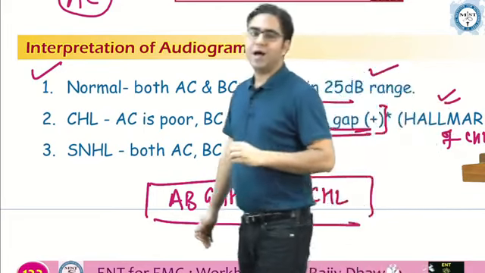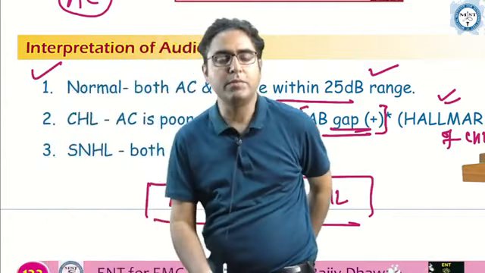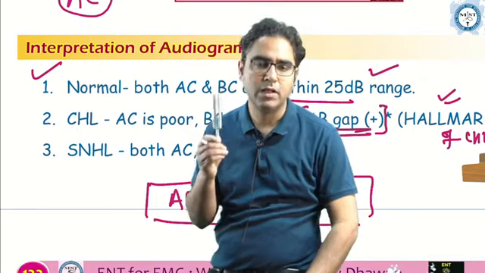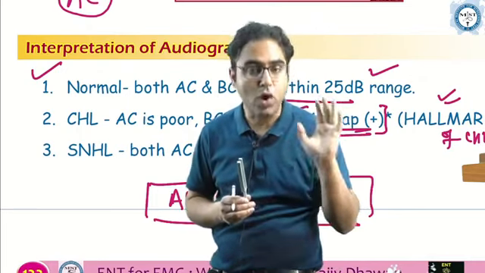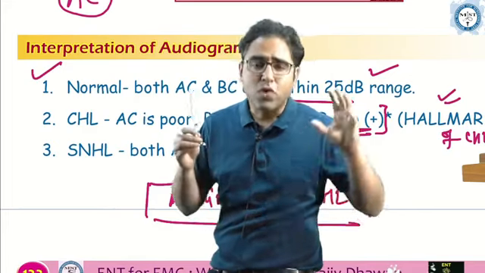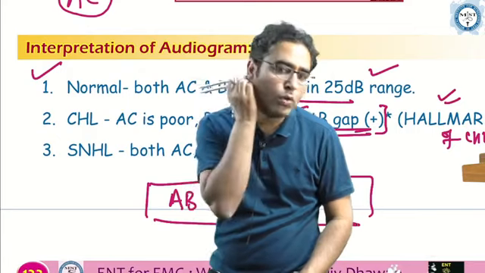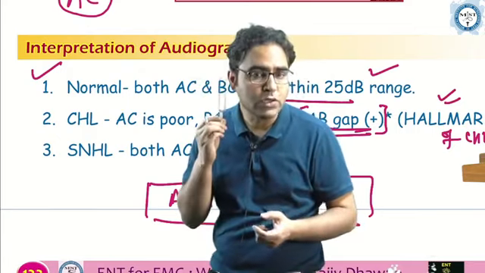Okay. Now, SNHL. Now, everybody think with me, beta. Now, it's very easy, beta. SNHL, what is weak? Cochlea is weak. SNHL, cochlea is weak, beta. Now, look at me. If cochlea is weak, you go through air conduction or you go through bone conduction, both will be weak. Because air conduction goes where?